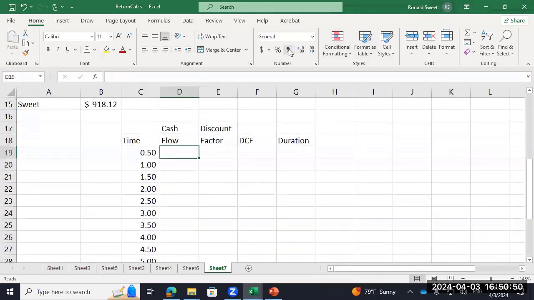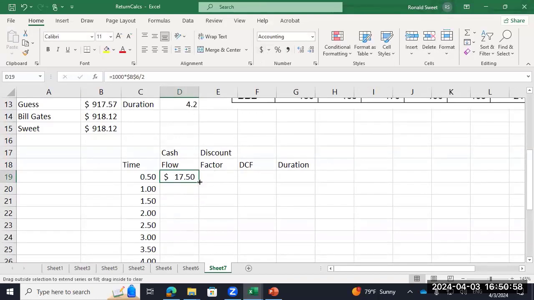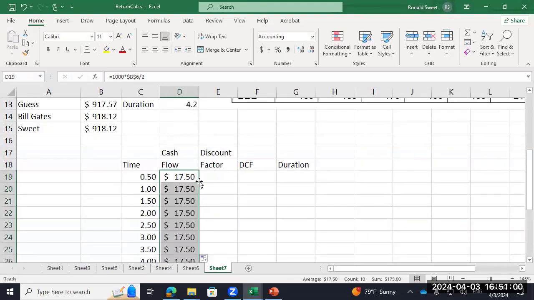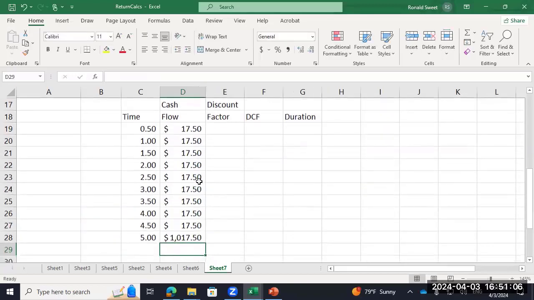Cash flow is $1,000 times 3.5% divided by 2, 17.50. And then what do we do? One last step. Add 1,000 in the last year.